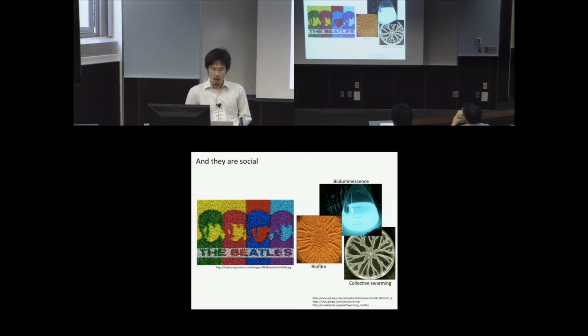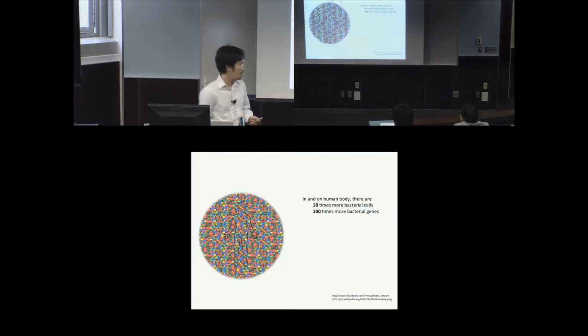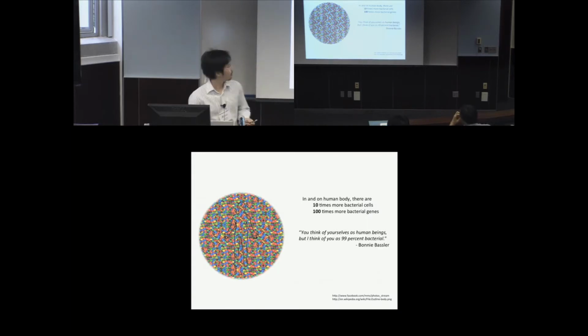So I think understanding these social behaviors is very critical. It's at least as critical as understanding our own body, because it's said that we have 10 times more bacterial cells in and on our body, and in terms of number of genes, probably 100 times more than our own gene set. Bonnie Bassler once said that you think of yourself as human beings, but she thinks of us as 99% bacterial.